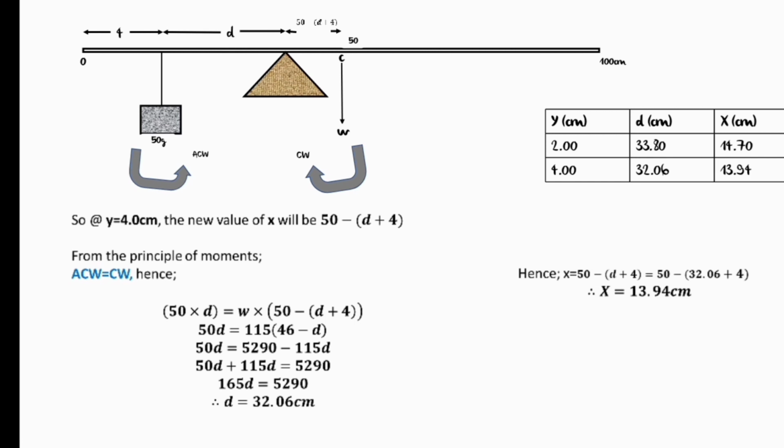And from there, we can now evaluate our value for x. So x is equal to 50 minus open bracket d plus 4. And when we do that, we'll get that the new value for x is now 13.94 centimeter. And once we have that, we also put it in our table of values.